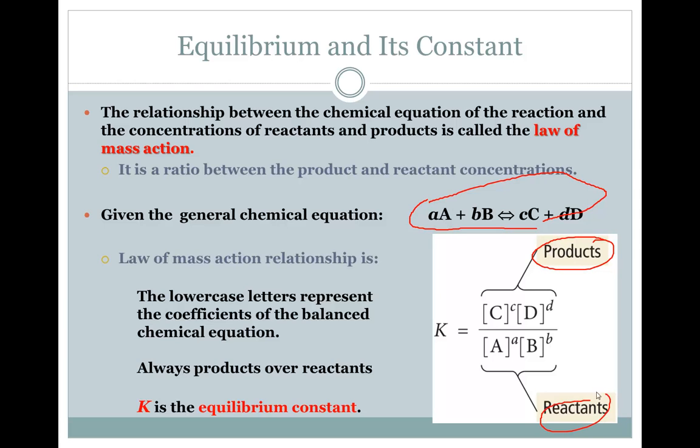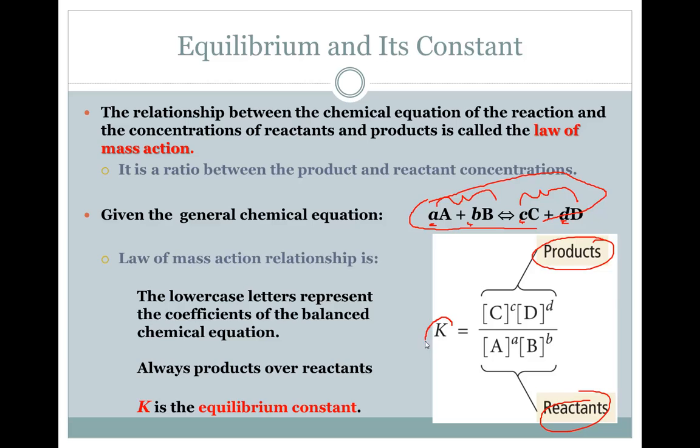So it's always the right side of the equation over the left side of the equation. These little a, little b, little c, little d, those are the stoichiometric coefficients. Unlike the rate law, stoichiometry goes into the equilibrium constants. So we actually use these numbers in solving the equilibrium constant.